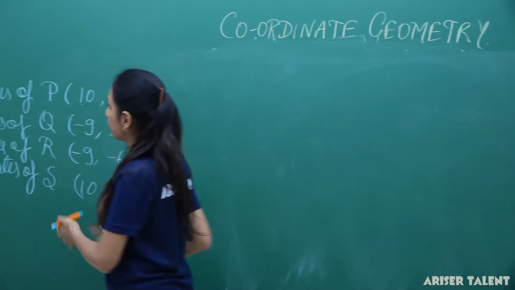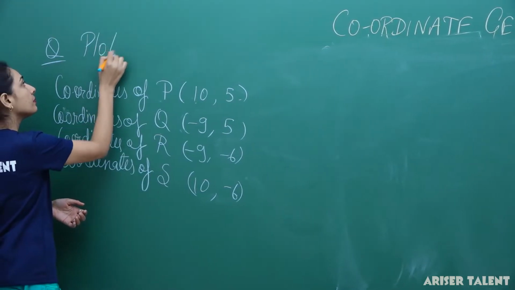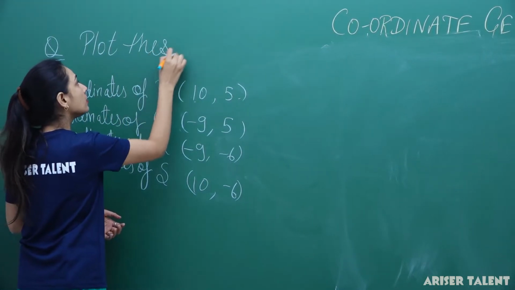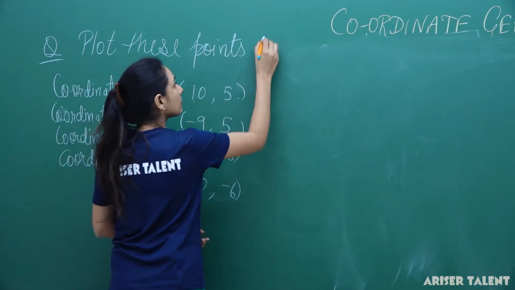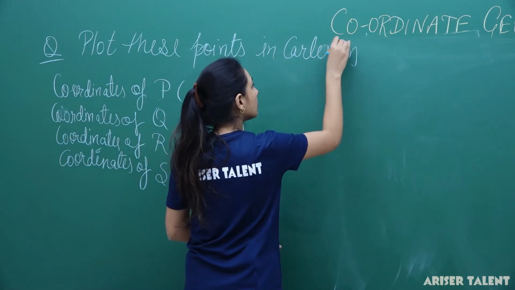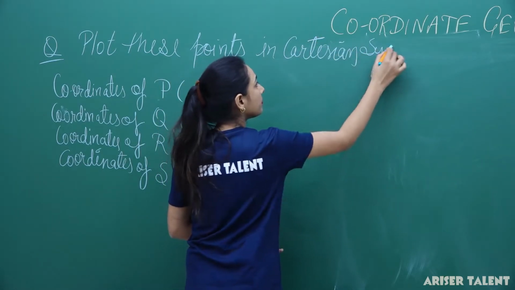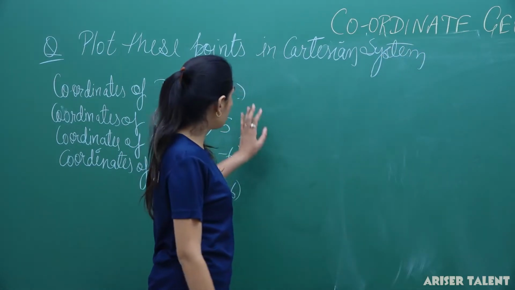Now this side is your question. Plot these points in the Cartesian system or on graph. Alright, so this is your question.